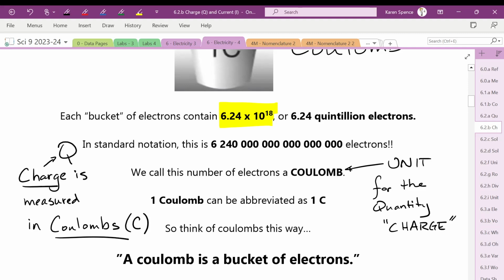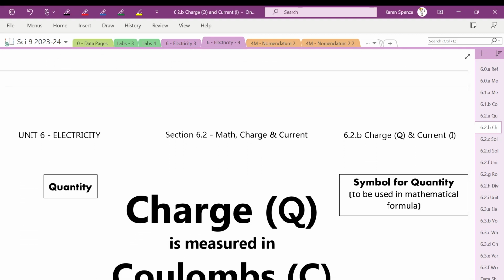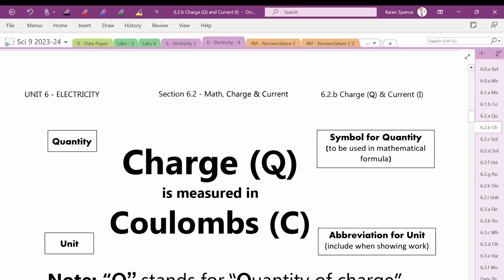And that one bucket we're going to call a coulomb. So here we have our quantity is the charge, which is abbreviated Q. And it is measured in the unit of coulombs, which is abbreviated C.